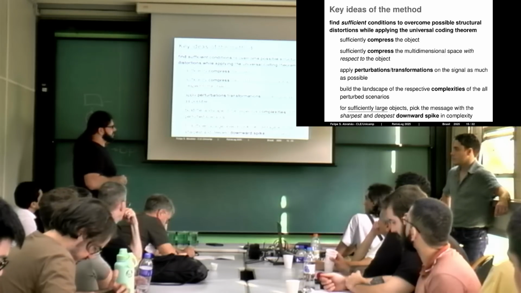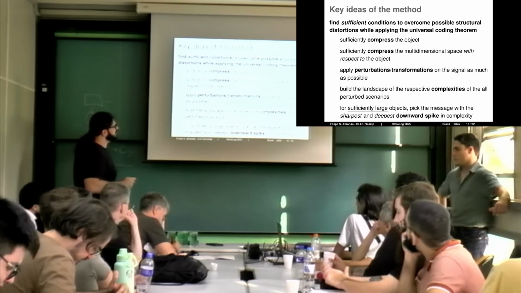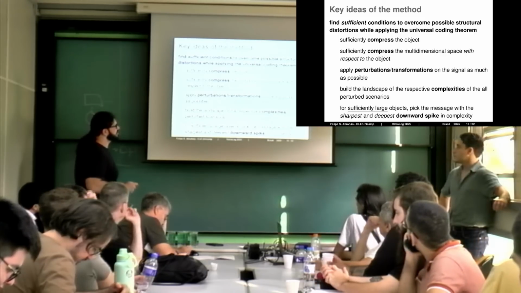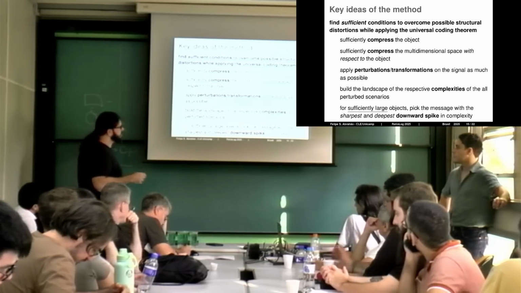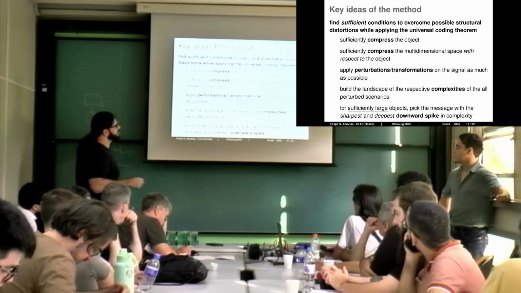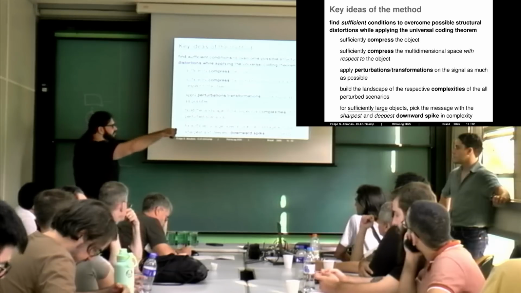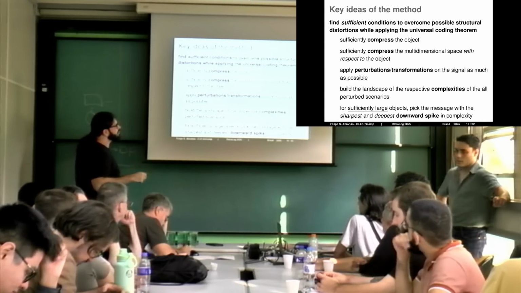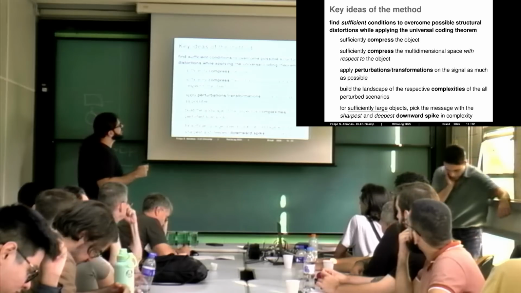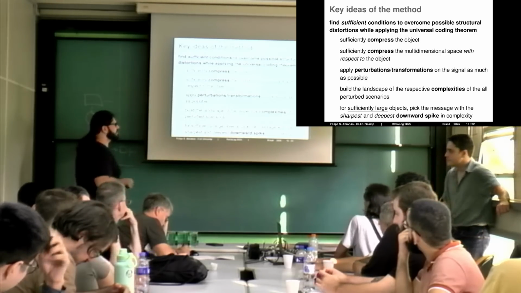Yes, I think it has to do with it, but the main engine behind this theory is that when you consider a large enough amount of perturbations or noise, like you said, transformations, then the complexities of the results you get from these perturbations are sufficiently larger than the complexity of the object and the space you are sending or encoding.